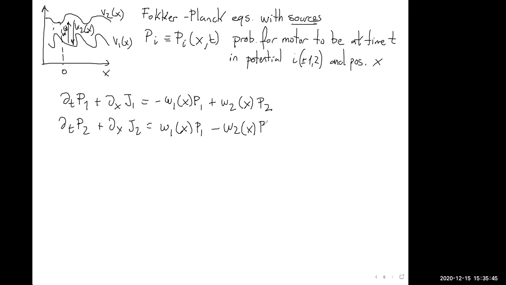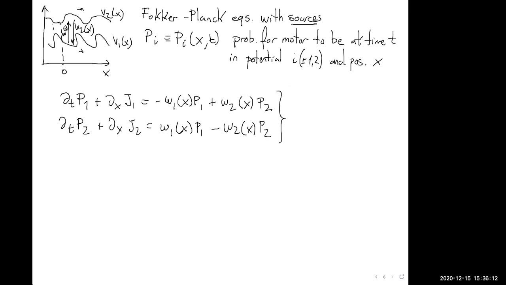So this is the way we describe the model. There are two probabilities. They have currents inside. I will write now the currents, and then there are switches. From 1 we lose with rate omega 1, and we win with rate omega 2 with probability P2, and the opposite for state 2.